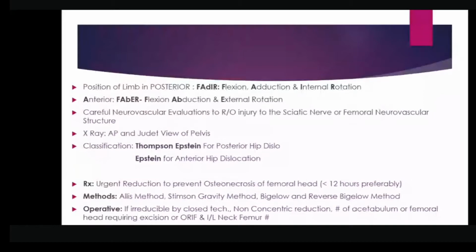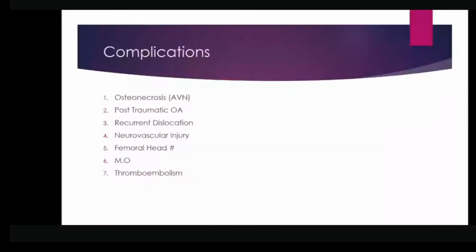Operative treatment is indicated for unstable fracture, that is associated fracture of the acetabulum, or any femoral head requiring fracture fixation, or in neglected dislocation which is delayed beyond a certain limit, so closed reduction could not be done. Complication again, whenever the hip is dislocated or there is fracture of the femoral head, there is always a chance of avascular necrosis.